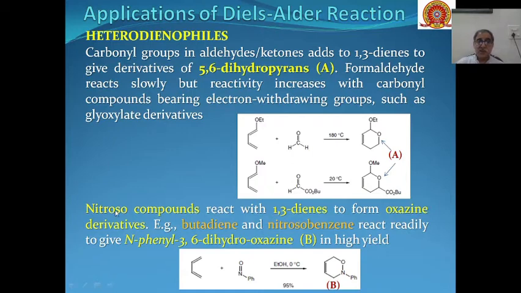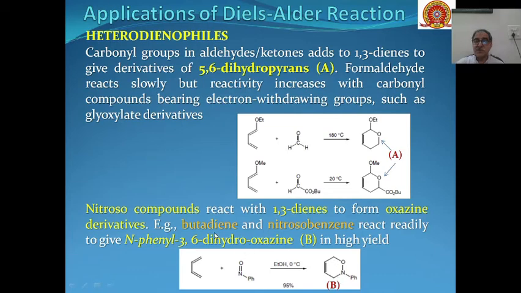Then nitroso compounds can also act as heterodienophiles. Here the nitrogen-oxygen double bond will act as the heterodienophile. So this can simply interact with 1,3-butadiene to give us these types of oxygen derivatives as the product.